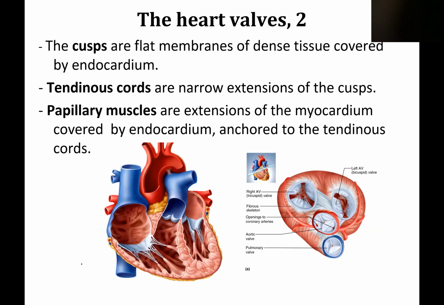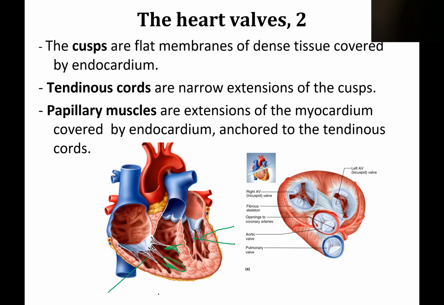If we get the other picture, you can see them here and here. So they're also dense tissue with endocardium. Then the papillary muscles are extensions of the myocardium that are anchored to the tendinous cords.